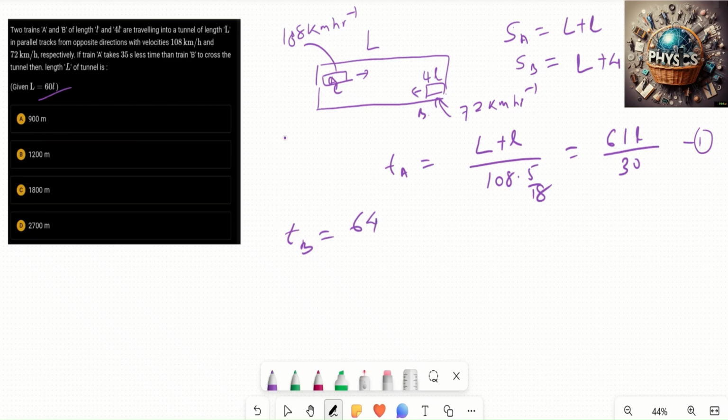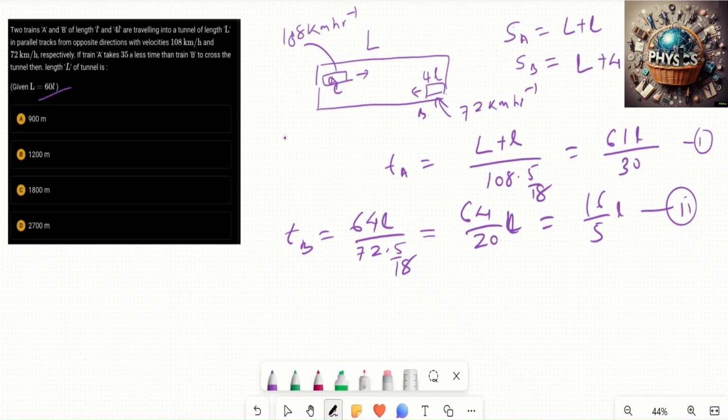So it is 64l by 72 km per hour, converting into meter per second, 5 by 18, which gives 64 by 20, which is equal to 16 by 5 l. This is my second equation.